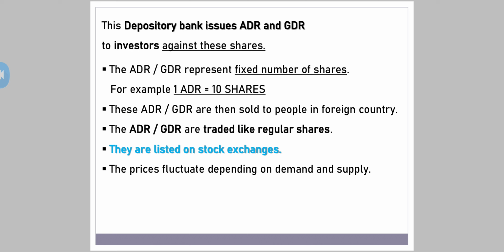The ADR, GDR are traded like regular shares. They are listed on the stock exchanges in the foreign countries. The prices fluctuate depending upon demand and supply, just like we have seen the prices of equity shares fluctuate depending upon market conditions. In the same manner, the prices of ADR and GDR fluctuate depending upon demand and supply.